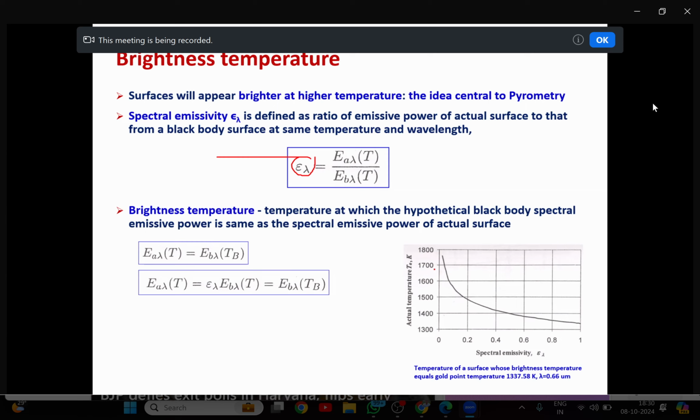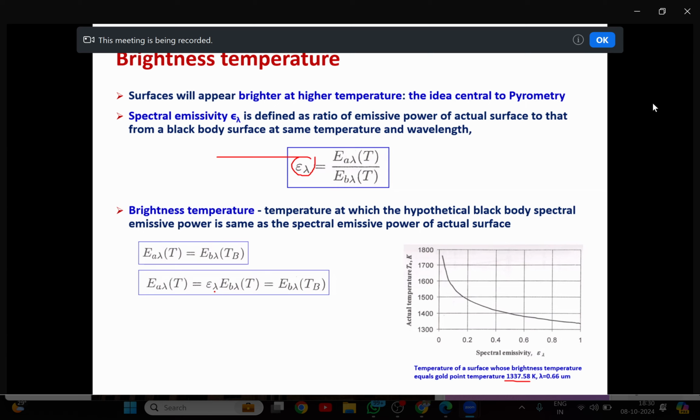The actual temperature would be a function of the emissivity, the spectral emissivity. When the spectral emissivity is 1, the temperature is the same as the black body temperature, the brightness temperature, right? 1337. As the spectral emissivity reduces, you can see that the actual temperature is higher, right?